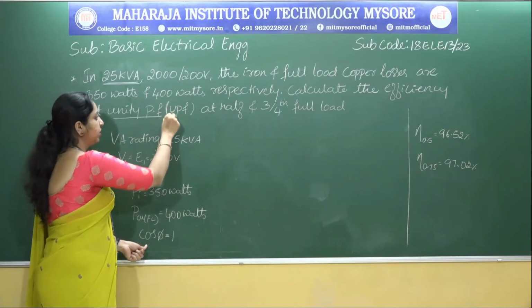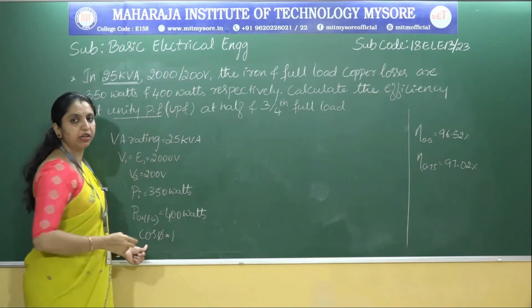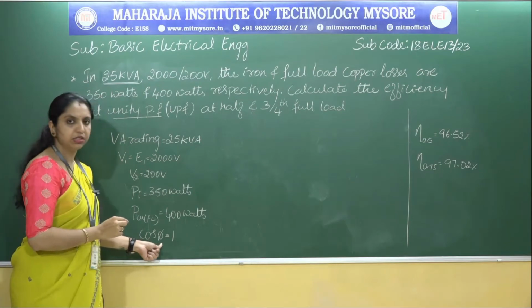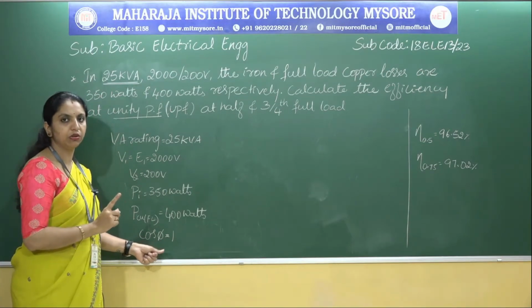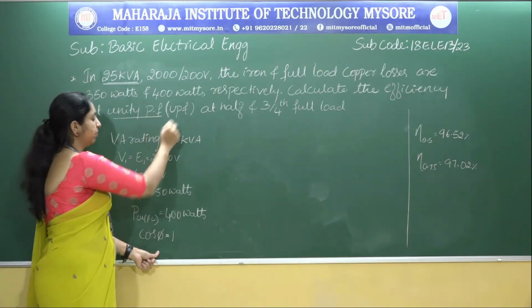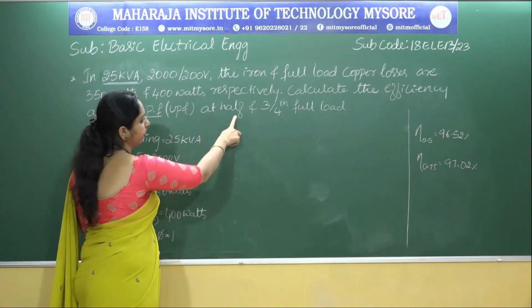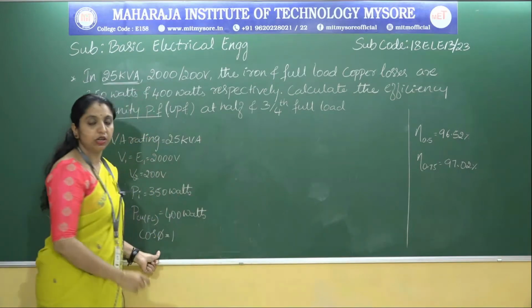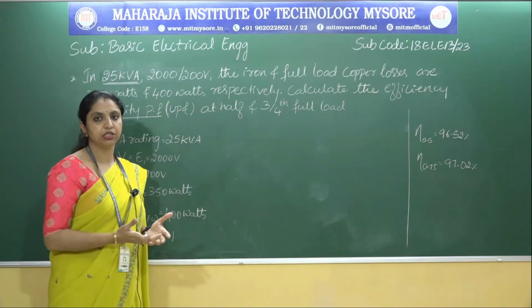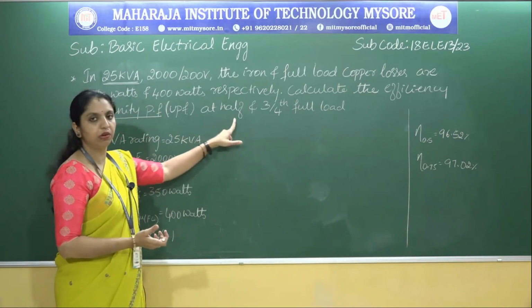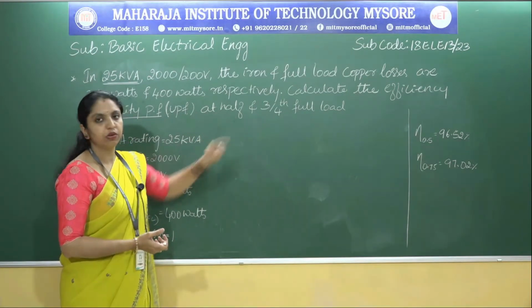So based on this statement, we can write cos phi as 1. And similarly, we need to find the efficiency at half load and 3/4 full load.